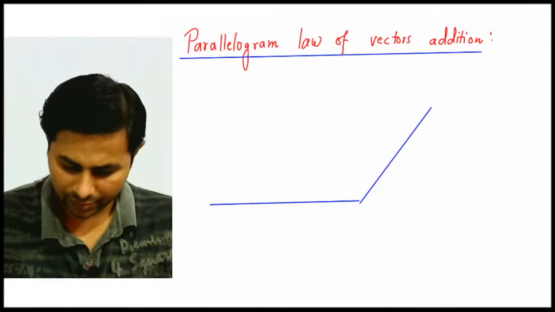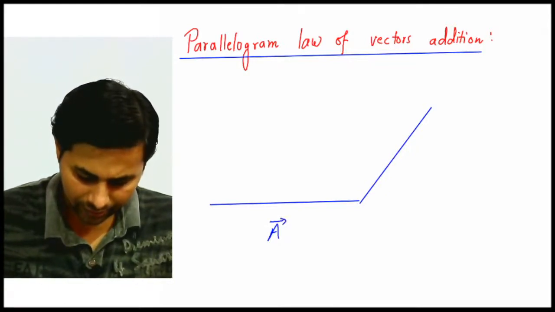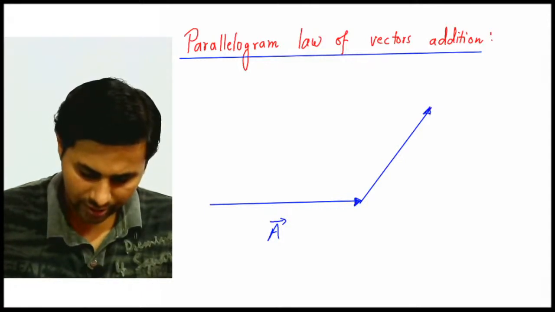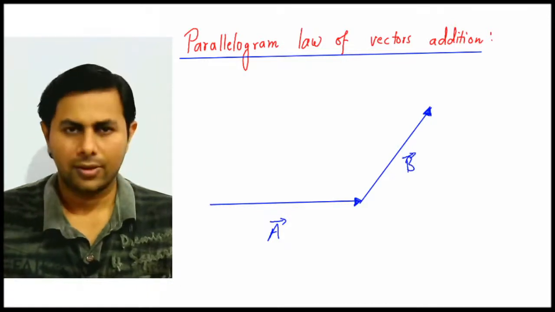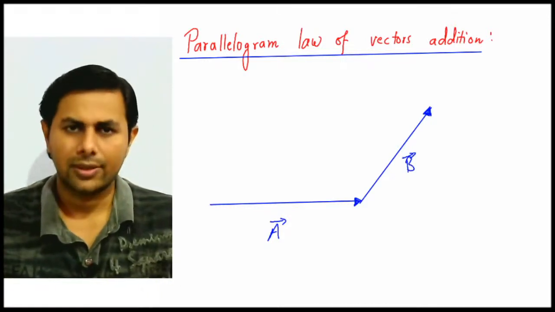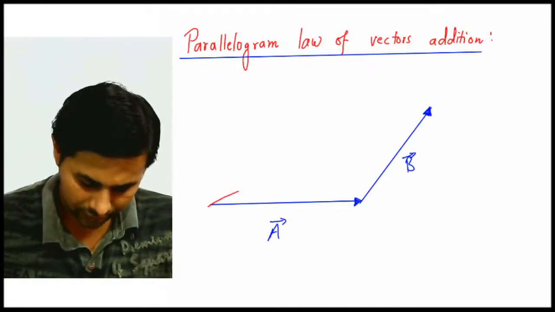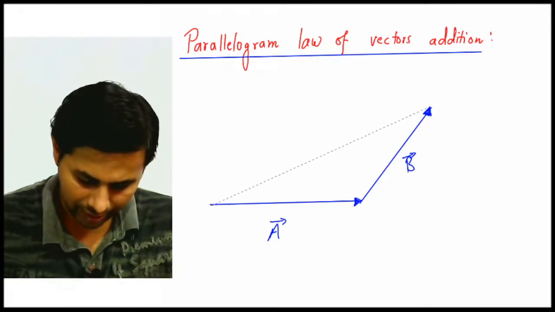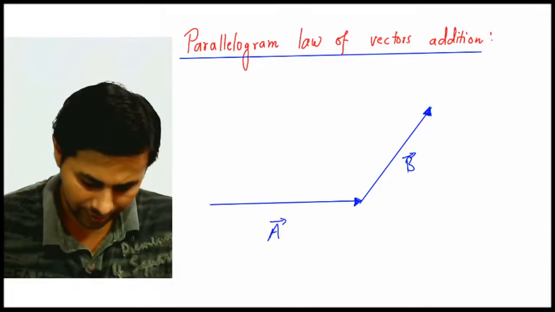So let's suppose we have two vectors like this. Suppose this is my a bar, this is my b bar, and we know that the resultant is a vector starting at the start point of a bar and which ends at the end point of b bar.